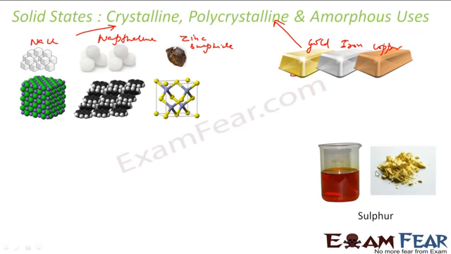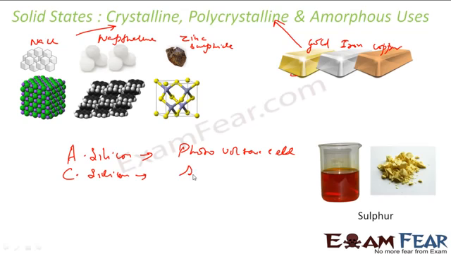Amorphous silicon is used for photovoltaic cells. Crystalline silicon is used in semiconductors. We will talk about crystalline silicon also in detail.